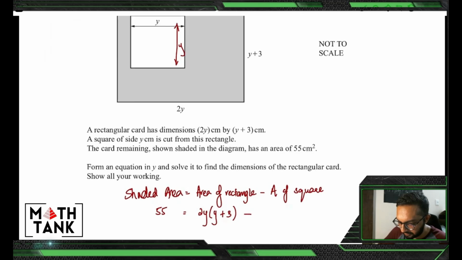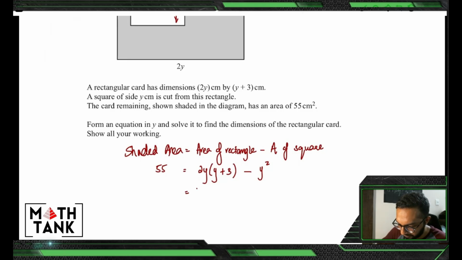And the area of the square is y squared. So 2y squared plus 6y minus y squared equals 55. So 0, that's y squared plus 6y minus 55.